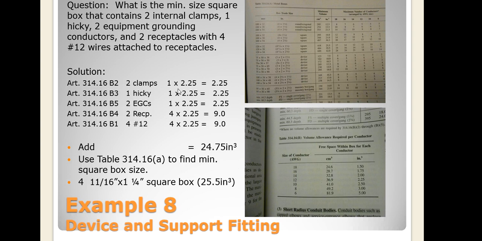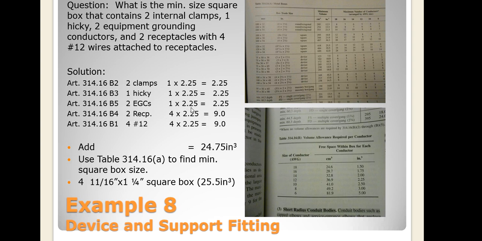You find that clamps, any number of clamps, gets a volume allowance based on the largest conductor in the box. You only get 1 allowance for any amount of clamps, so you make that calculation, 2 1/4 times 1. A hickey is the same thing. It's a fixture hickey. Any amount of hickeys will get 1 volume allowance based on the largest conductor connected or contained in the box. That's a number 12, 2 1/4 again.